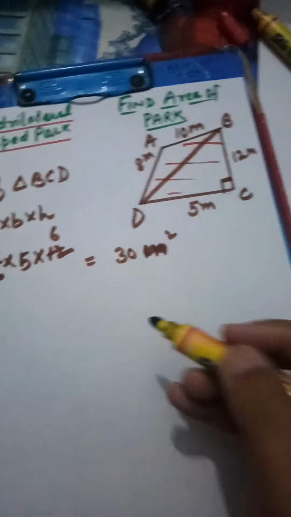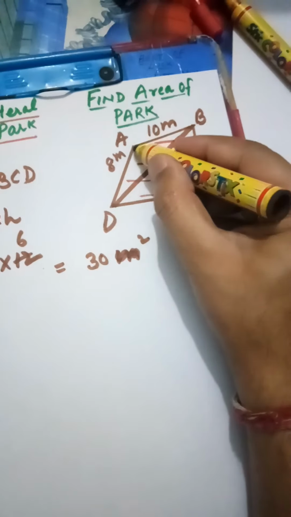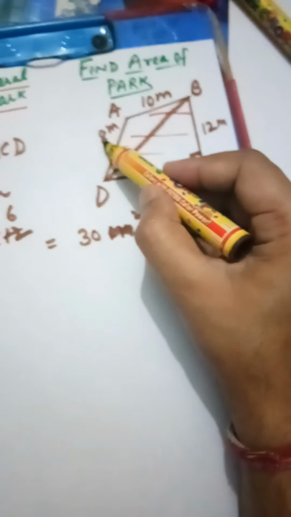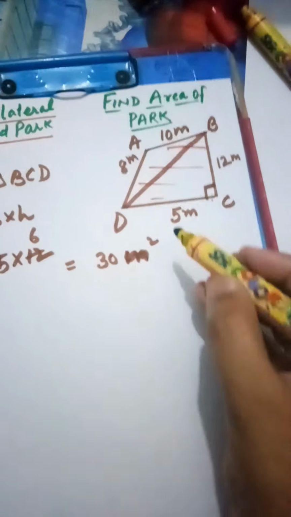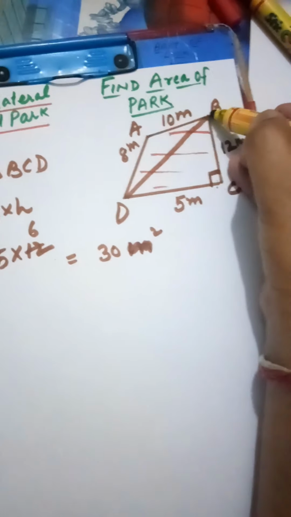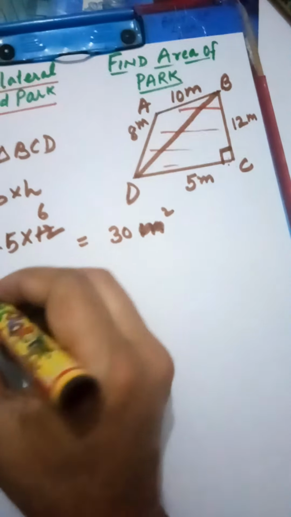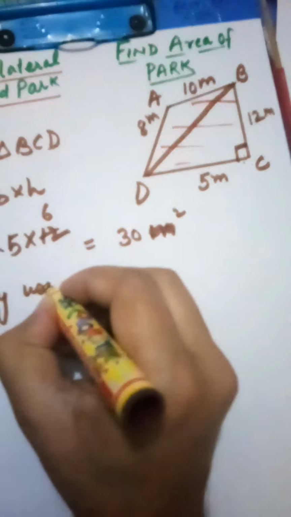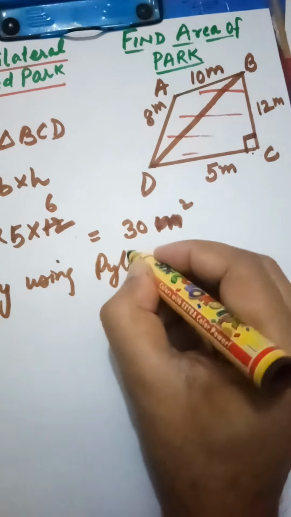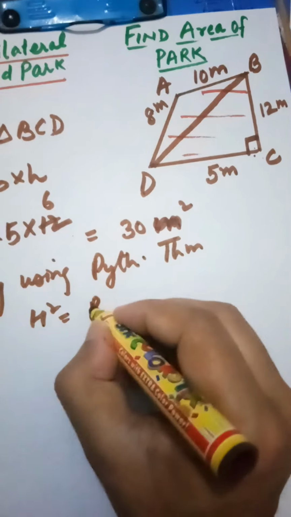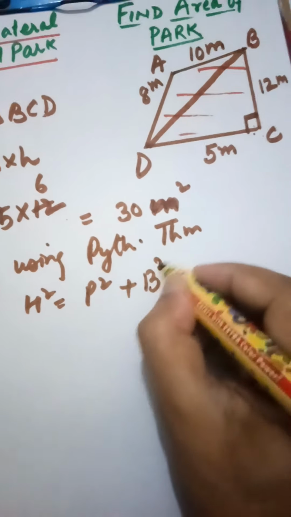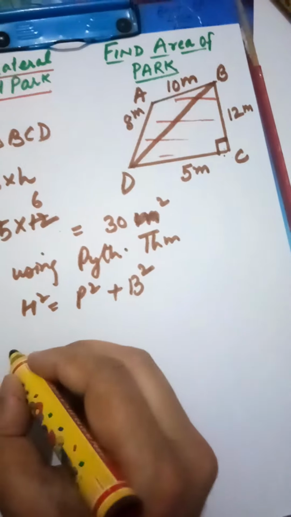The main thing is to find the area of another triangle. See children, you have two dimensions, 8 meter and 10 meter, but you do not have the third dimension. But what kind of triangle was BCD? It was a right angle triangle. So by using Pythagoras theorem, hypotenuse square is equal to perpendicular square plus base square. So hypotenuse we have to find.